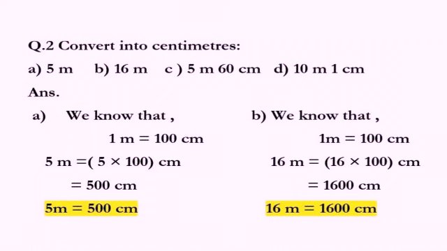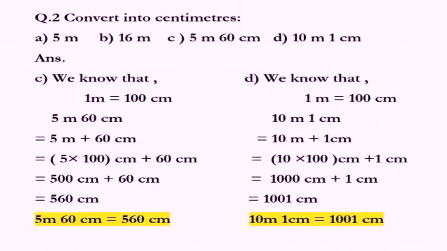And see, same process for B. Question number C is 5 meter 60 centimeter into centimeter. See, it is different from the first two. Here, meter and centimeter are involved, so we have to convert the meter portion into centimeter first. As I have chosen the first method, see how I have done it in C. We know that 1 meter equals 100 centimeter.